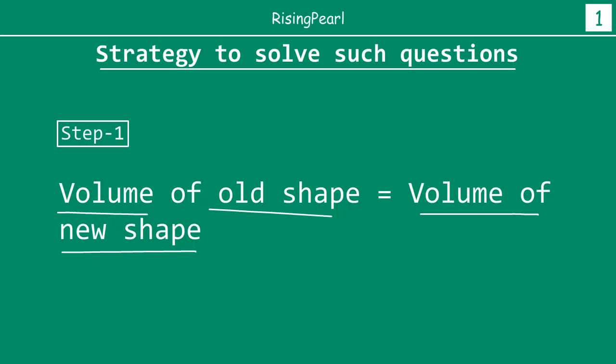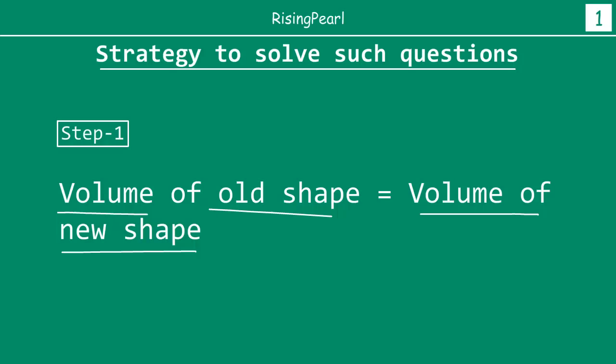Very briefly, this happens because the new shape is made from the old shape. So if you know the volume of the old shape, no matter how different the new shape looks in size and shape, the volume of the new shape must be equal to the volume of the old shape. We use this one very important factor as we solve questions on this topic.